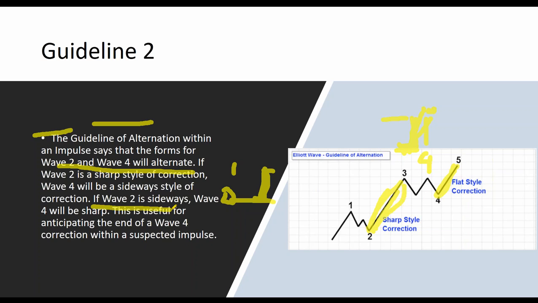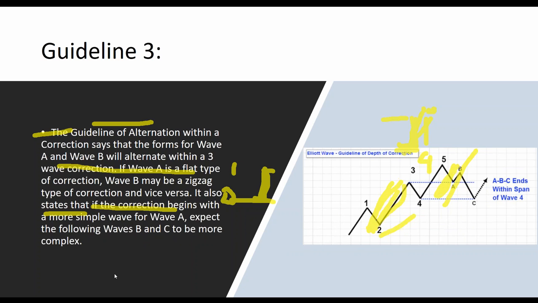So if wave 2 is sideways, wave 4 will be sharp. So if this is a sharp correction, this will be flat. If it's the opposite, if this is a flat correction, this one will be sharp. So it's called the law of alternation.